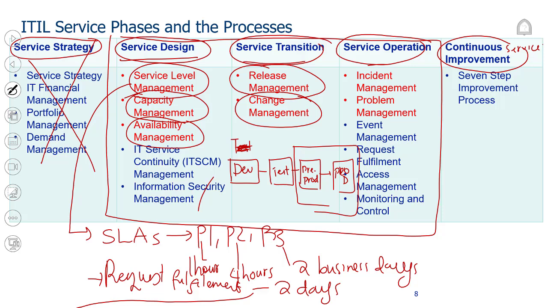Yes, Omar, I say just focus on those phases and those services. Correct.